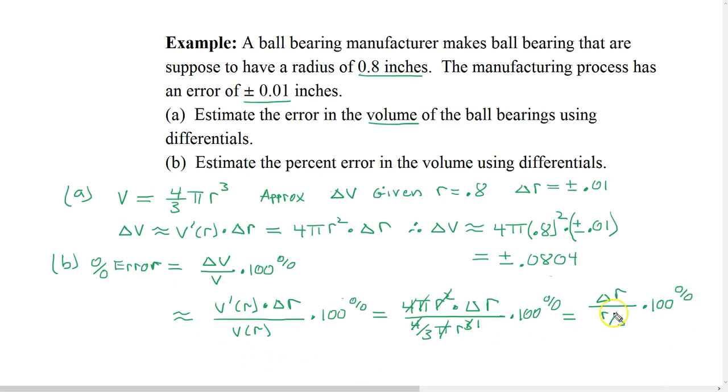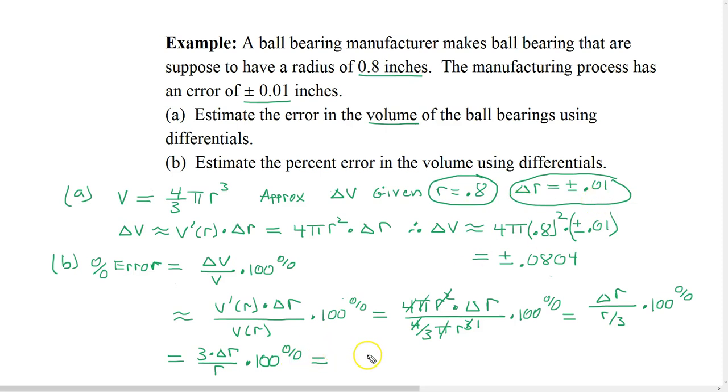And all of that is equal to, let's flip this fraction, flip it up and write it as 3 times the change in r over r times 100%. Now let's plug in the change in r is plus and minus 0.01 up here. That's what we're given. And r is supposed to equal 0.8.